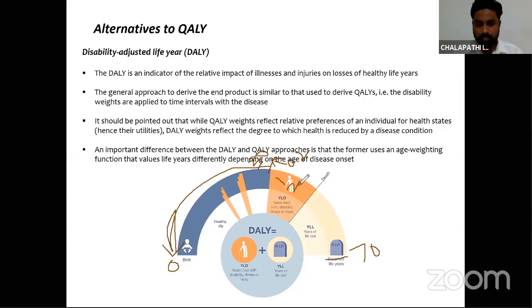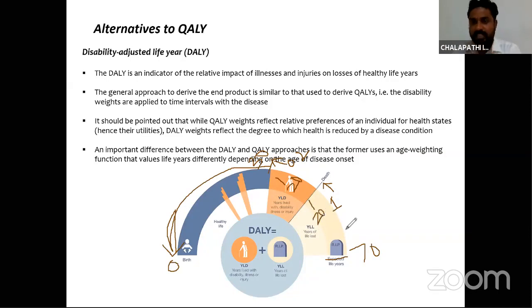Once he is dead, his utility will become completely 1 because he's having the worst outcome. So the utility is 1 now. Now, from 50 years of age, he's completely dead for another 20 years.